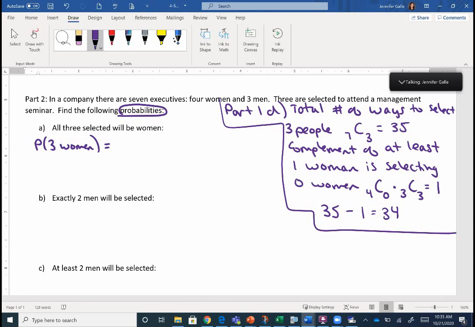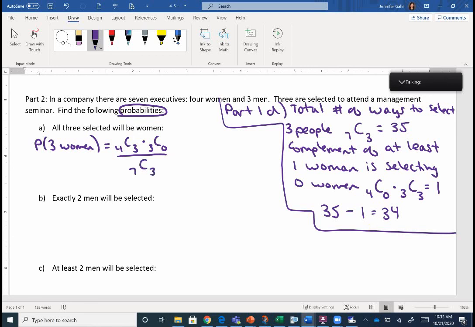We did a little 4C3 and a 3C0, same as our part A. But now if I want to find the probability, I want to take how many times it can happen that I get 3 women, and what am I going to divide by? The total number of possibilities. 7 executives, I'm choosing 3 of them.